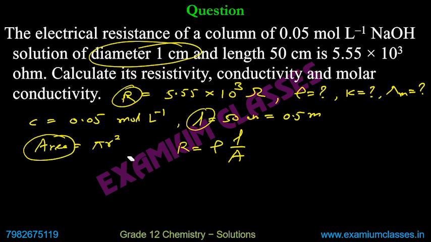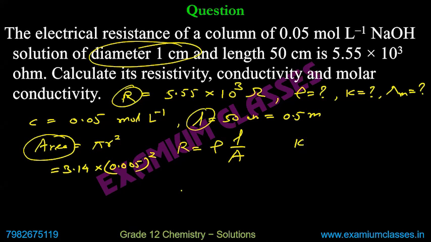So it will actually be 3.14 into 0.005 whole squared meters, because you have to consider 0.5 centimeter is equal to 0.005 meters. You will divide by 100. Substitute these values, you will get the answer.